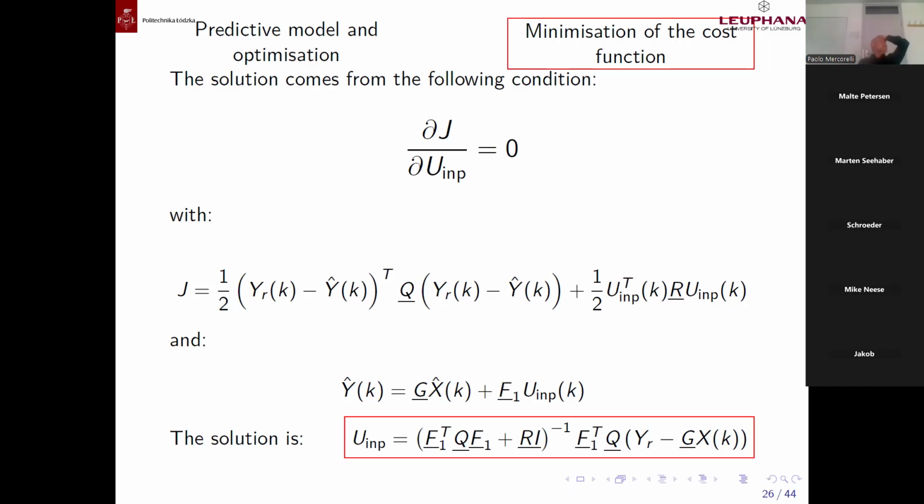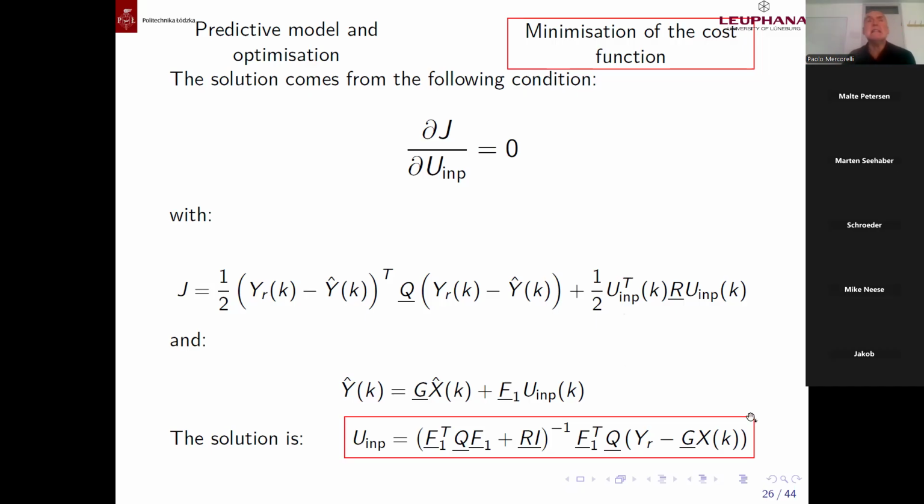Of course, if they are different, they're different, but the control horizon must always be less or equal to the prediction one. The matrices Q and R have different dimensions, but let me consider this case here at this moment.